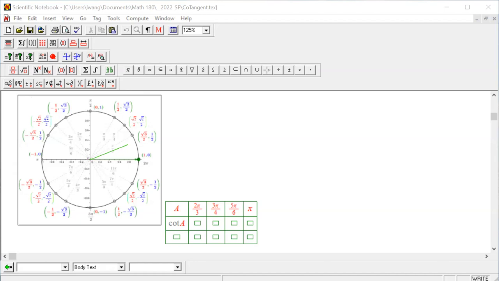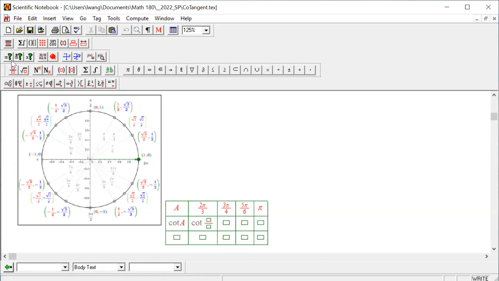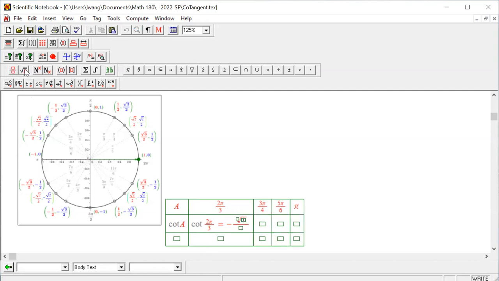Okay, so what do we get? Well, all we have to do is we know that cotangent 2 pi over 3 is going to be equal to the red divided by the blue. The red is negative, the blue is positive, and this is going to give us negative root 3 over 3.